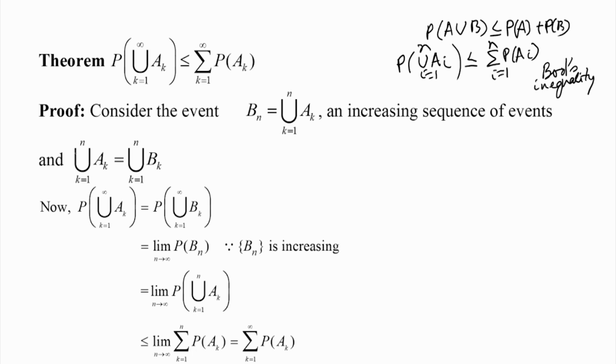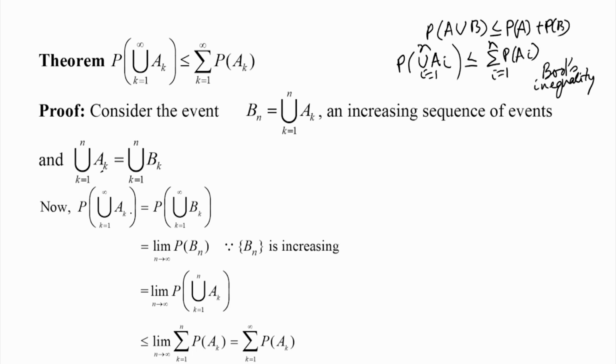We also observe that the union of A k, k going from 1 to n is the same as the union of B k, k going from 1 to n, because B n is defined as a nested union of nested events. Therefore, for the infinite sequence, the infinite union of A k will be the same as the infinite union of B k.